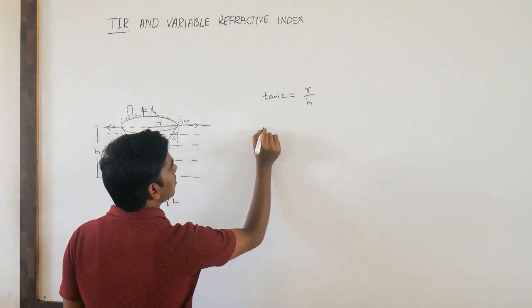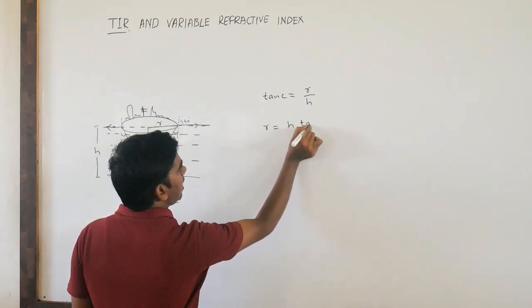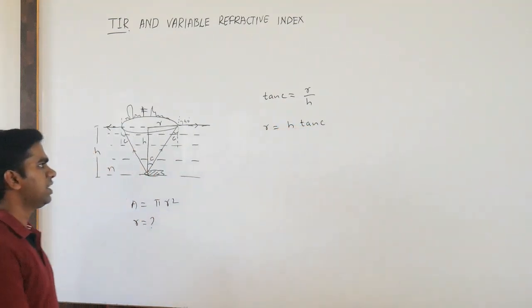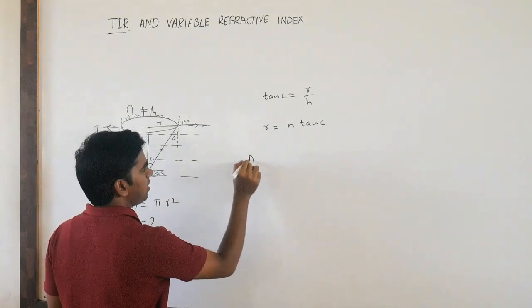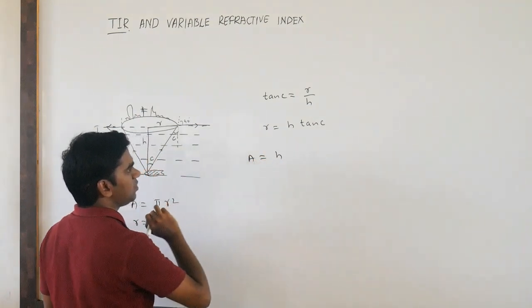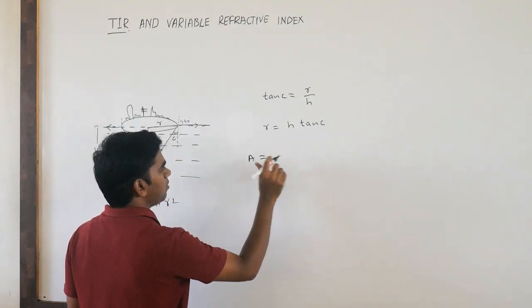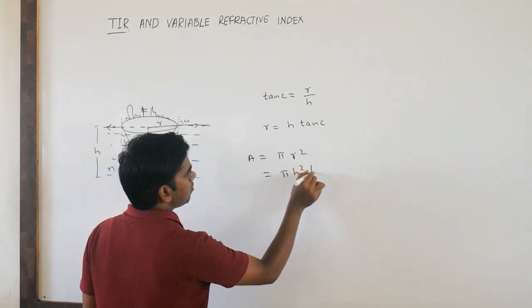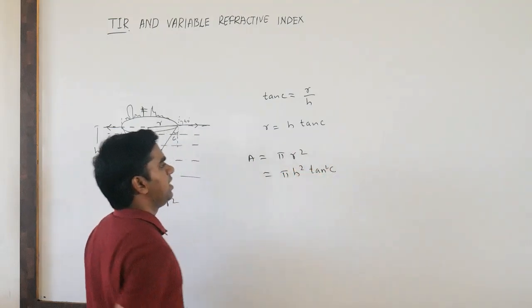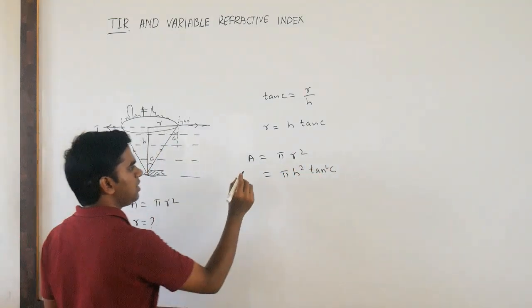So r equals h tan C. If you know the critical angle, you can directly write area equals pi r square, so pi h square tan square C. That is if and only if you know the critical angle.